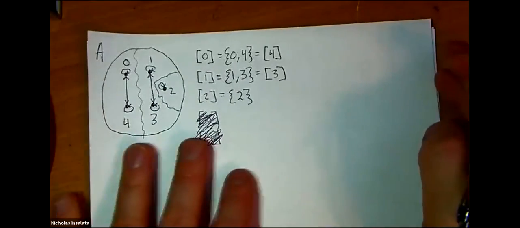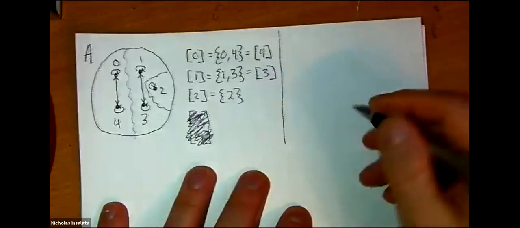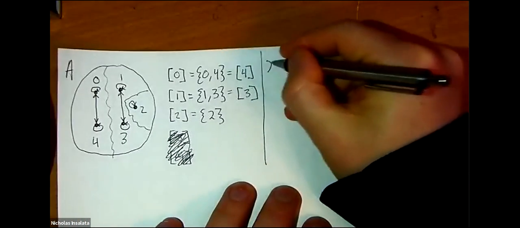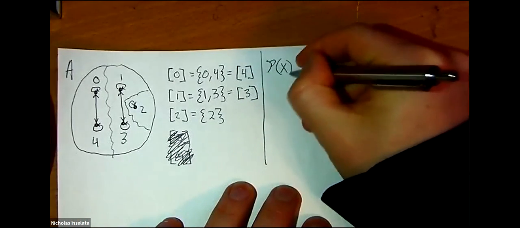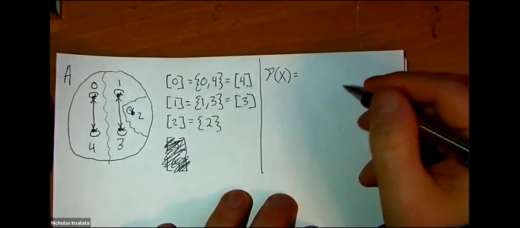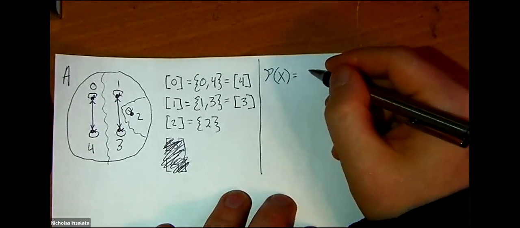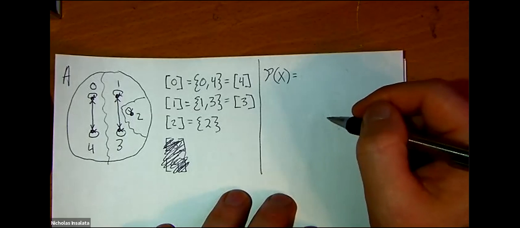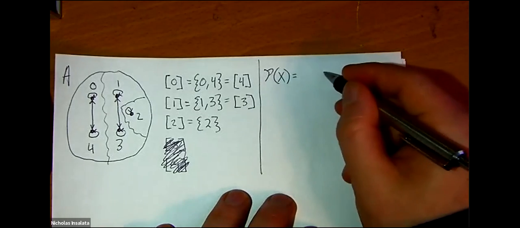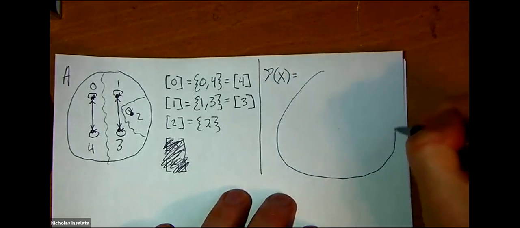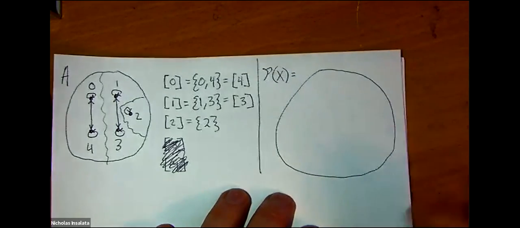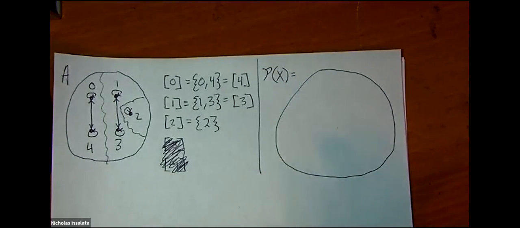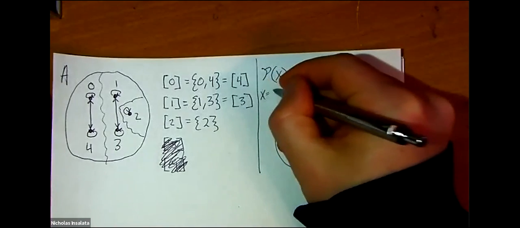So now what I've got is my power set of X. Let me do this one over here. The power set of X, remember X is the set 1, 2, 3. So what would be in my power set of X? In fact, maybe I'll just do it as a circle. It'll be easier to see this way. If X is the set 1, 2, 3.